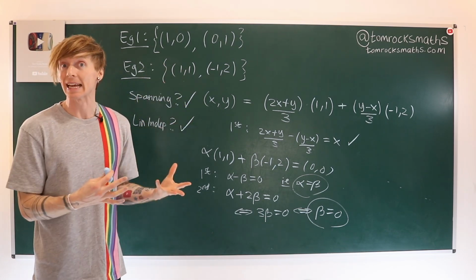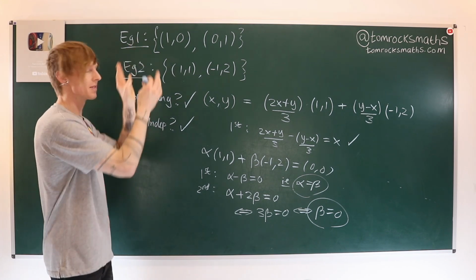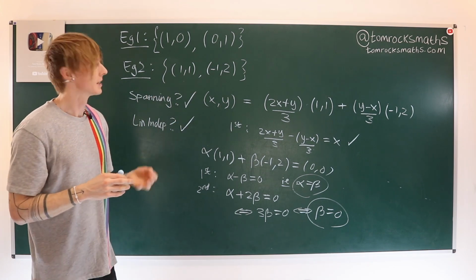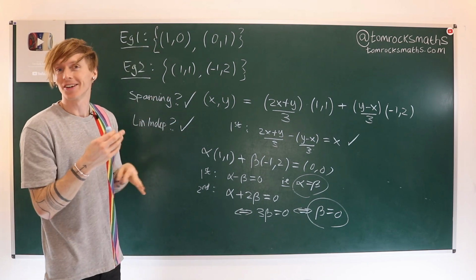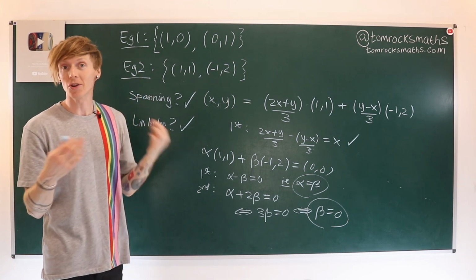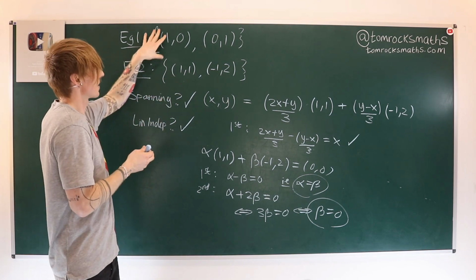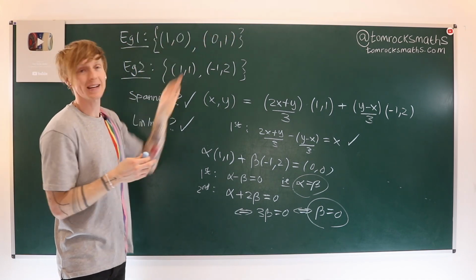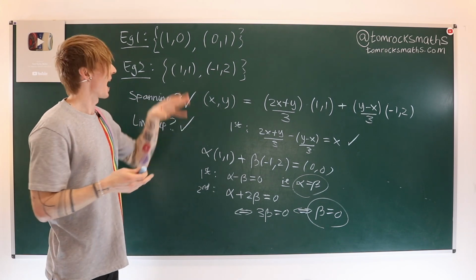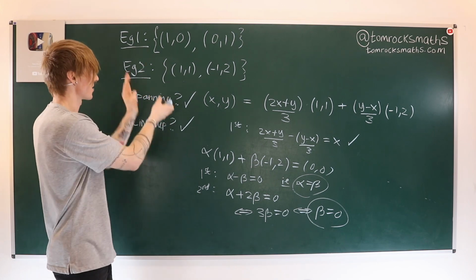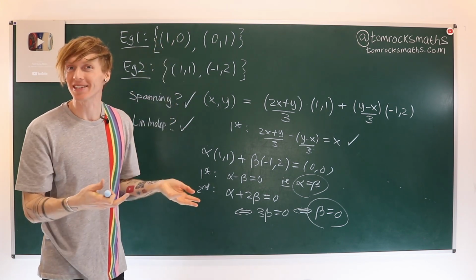So what we're seeing here is that for a given vector space V, which here is the plane R2, we've actually got more than one possible basis. And this in general will be true, because we could just multiply this whole thing by some constant, or multiply each individual vector by a constant, and it would still work. It would still be possible to write any other thing as a combination of those two pieces.